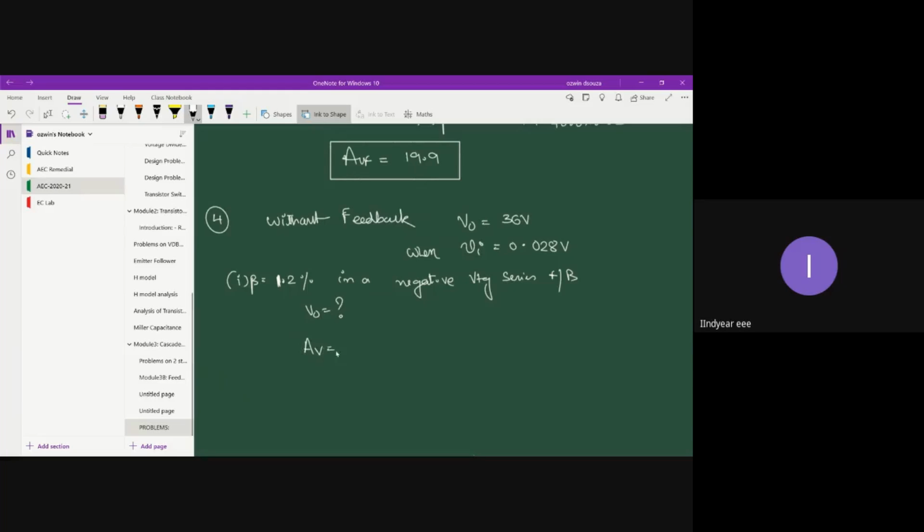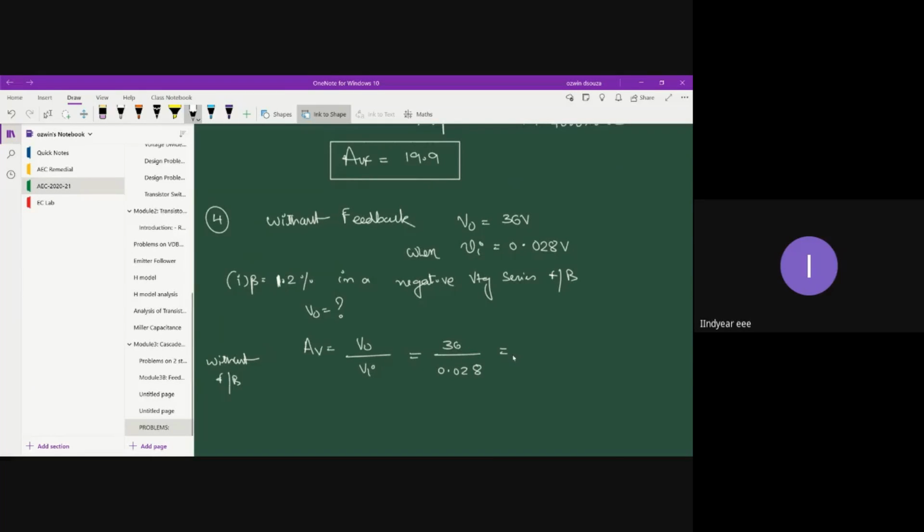You know that voltage gain is output by input. I'm writing this relation with respect to without feedback. Without feedback, they have given that output voltage is 36 volts for an input voltage of 0.028.